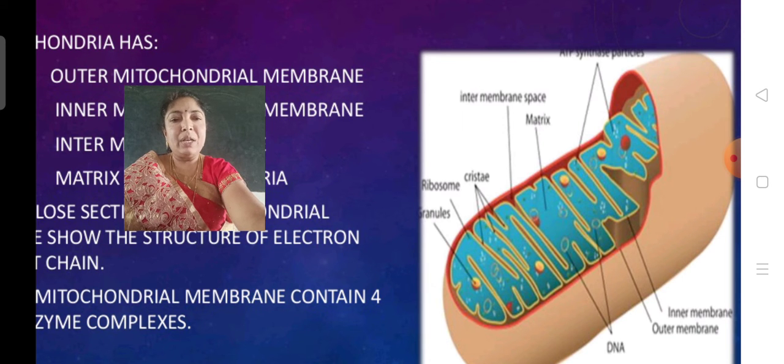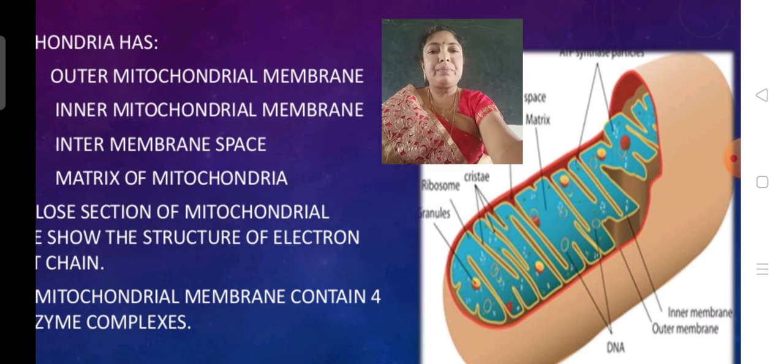So the electron transport system occurs in cristae, and here some small tennis-racket-like structures are present. They are known as the F0 F1 particles. These participate in the electron transport system.